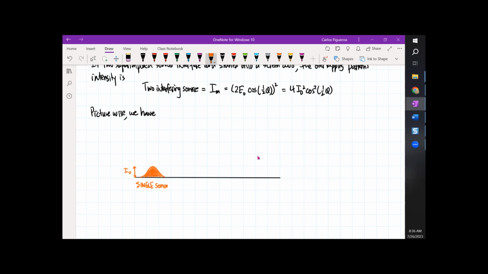Now what I'm going to do is shine two sources that don't interfere. So now I'm going to look at two sources that do not interfere.